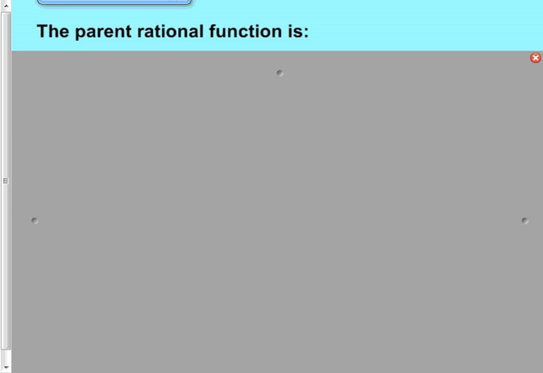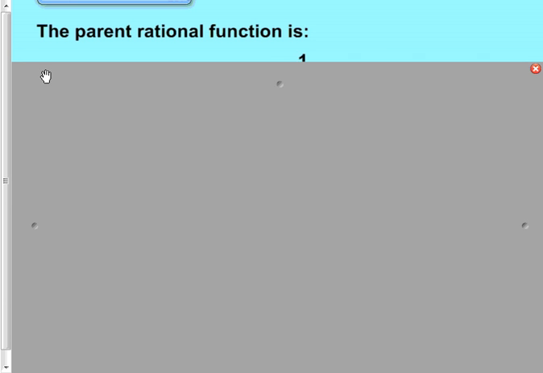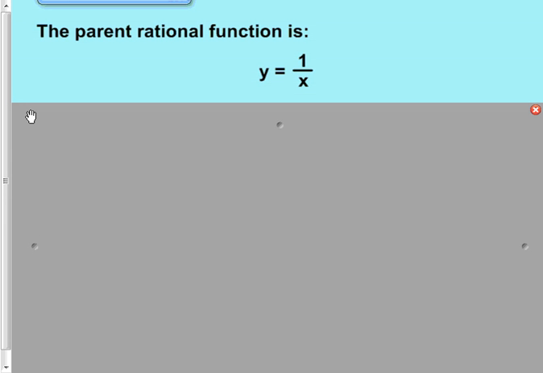All right, now we have a parent rational function, which, as you can probably guess, is the best place to start. Let's figure out what it's supposed to be doing so that later on we can figure out what all changes are going to happen when the equation starts doing different things. Now, the parent rational function is expressed very simply like this: y equals 1 over x.